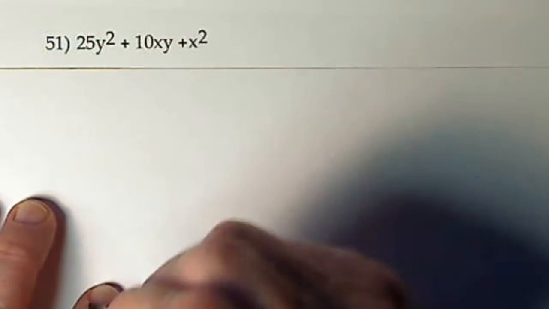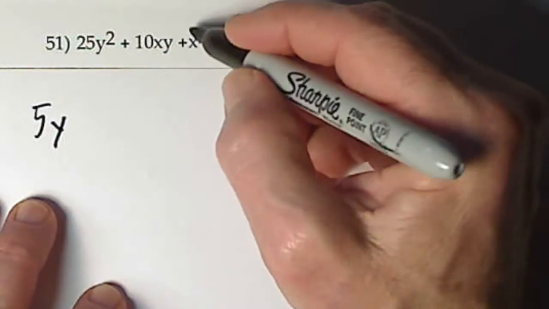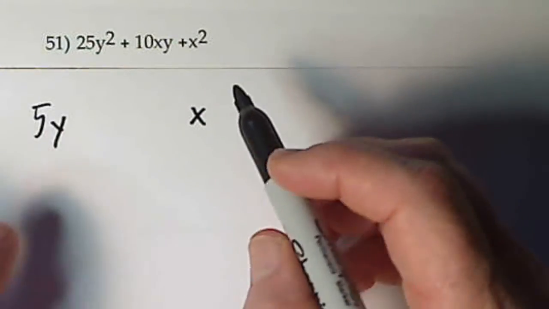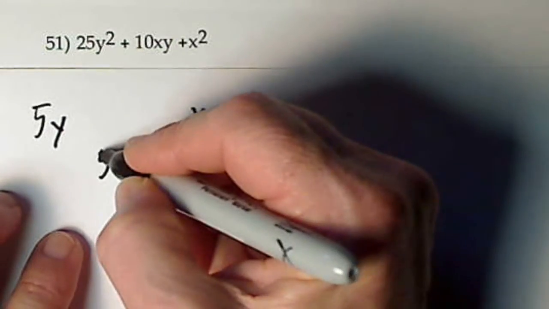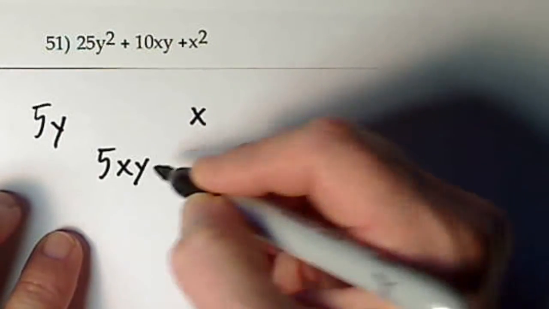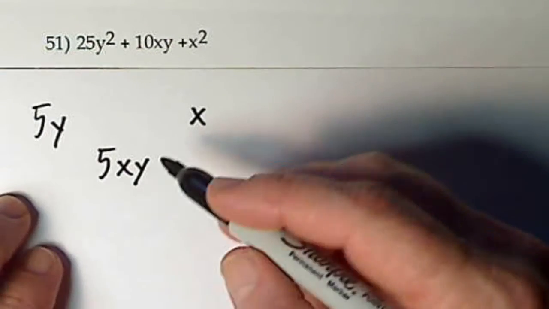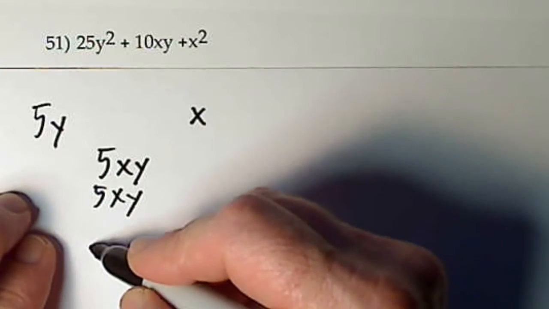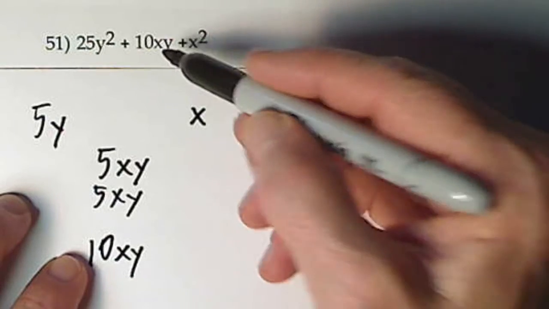So the square root of 25y squared is 5y. The square root of x squared is x. If I multiply 5y times x, I get 5xy. I can rearrange the x and the y anytime I want. And if I add 5xy to itself, I get 10xy, and that's what I'm looking for.